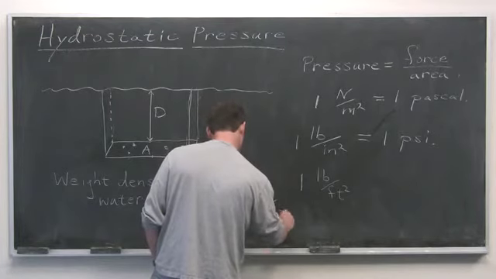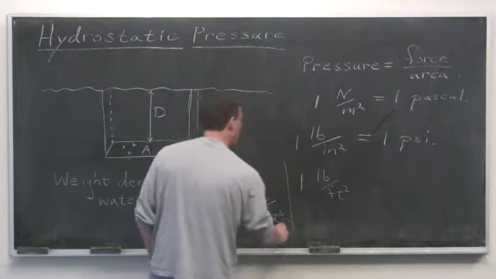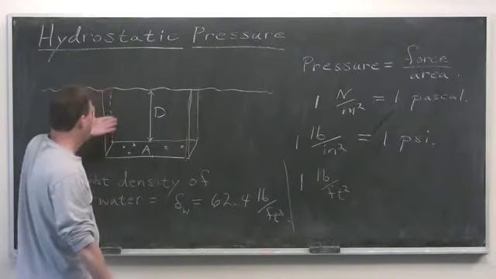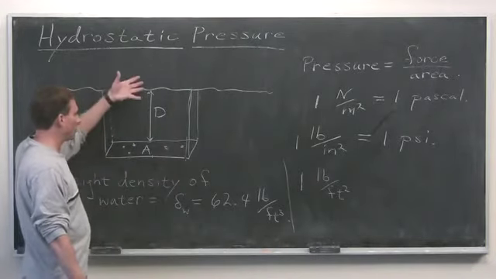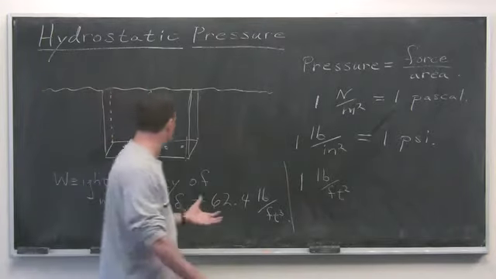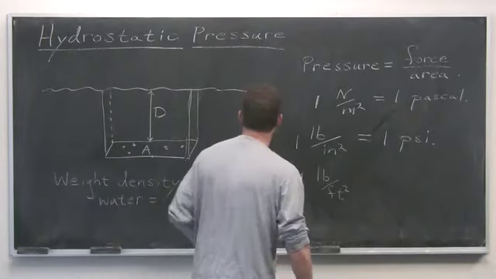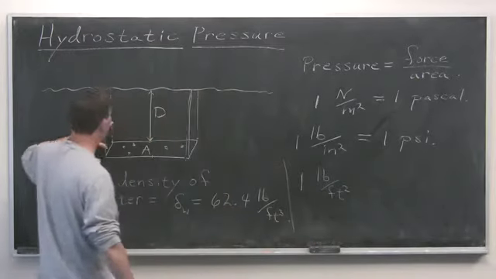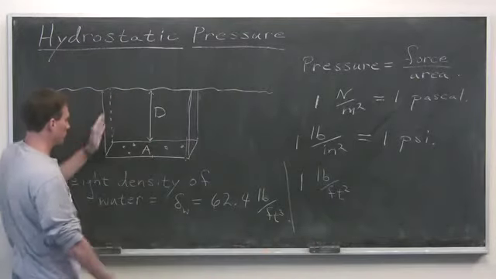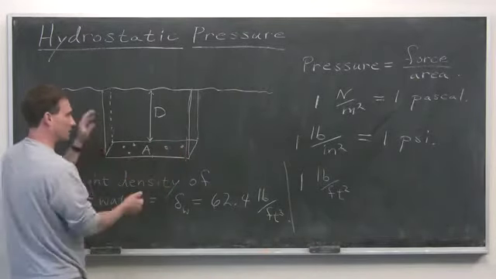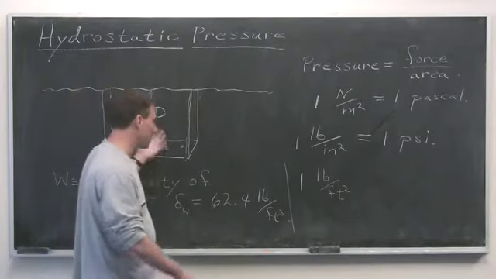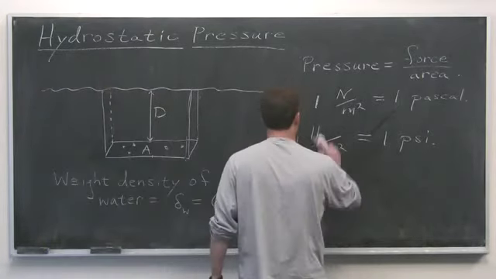All right, so what is the weight of all of the water that lies above this surface? Well, you would take the weight density of water and multiply it times the volume. So what is the volume of this? Well, it's just the area of the base times the height, which is the depth of this surface.